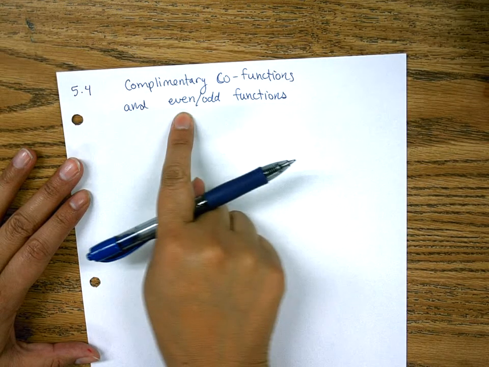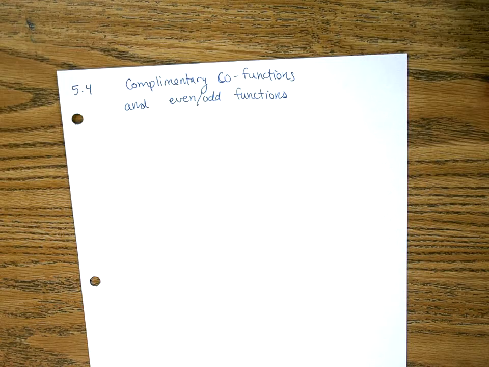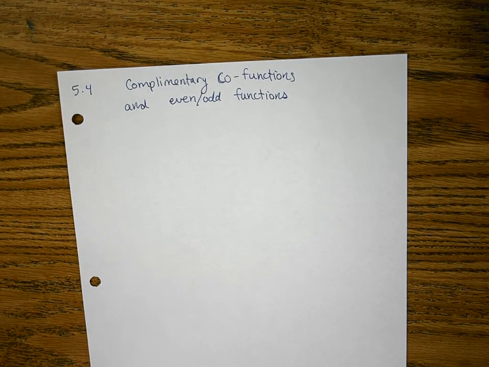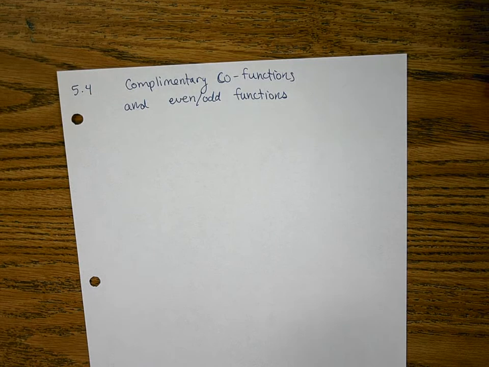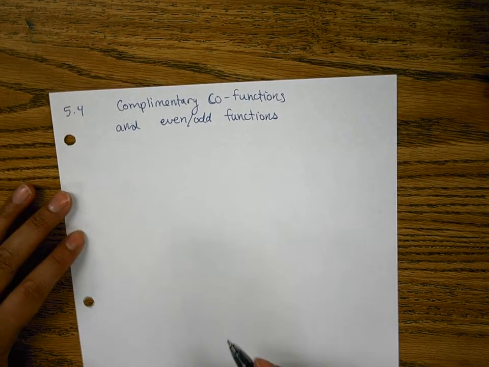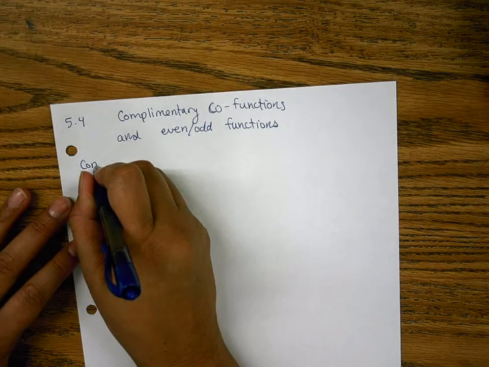We will deal more with the even-odd functions in second semester as well, but right now we're going to talk about even-odd functions with sine, cosine, and tangent. Okay. Complementary cofunctions.